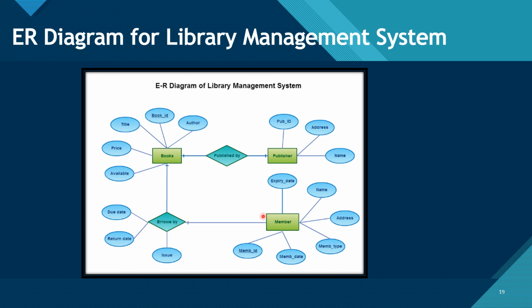Another entity is member, whose attributes are expiry date, name, address, member type, member date, member ID, and so on. So this was the diagram and the explanation of the ER diagram representing a library management system.